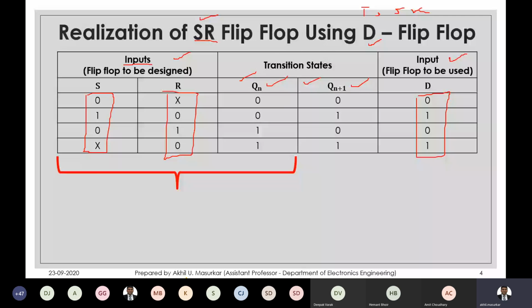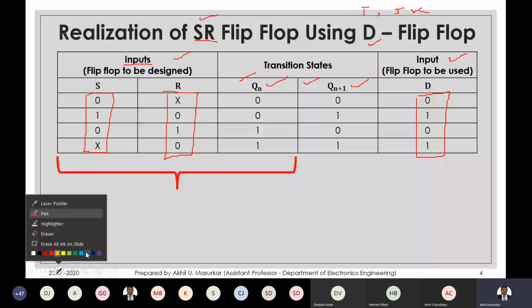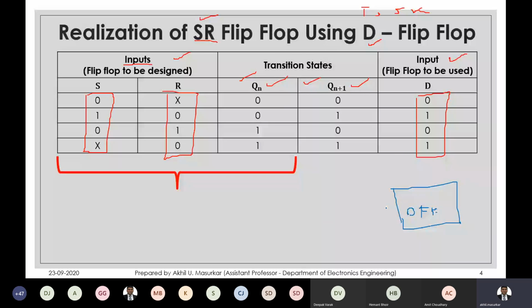So we are having a D flip-flop. Now I have to connect some hardware in front of the D flip-flop. So I will have to write D equal to something.